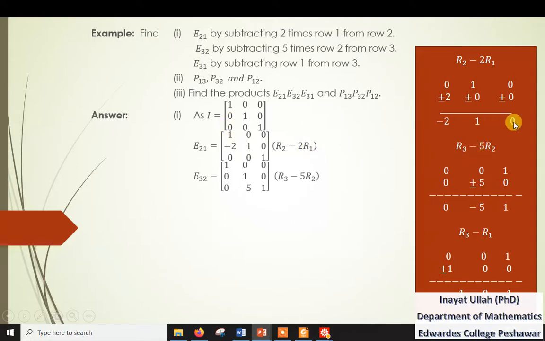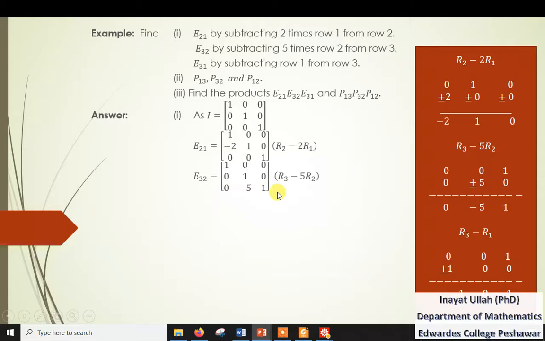So multiplying R2 by 5, that will become 0 5 0, and then we need to subtract, so change this positive sign, that will become minus. 0 minus 0 is 0, 0 minus 5 is minus 5, 1 minus 0 is 1. Now this obtained answer, 0 minus 5 1, will be written in R3.